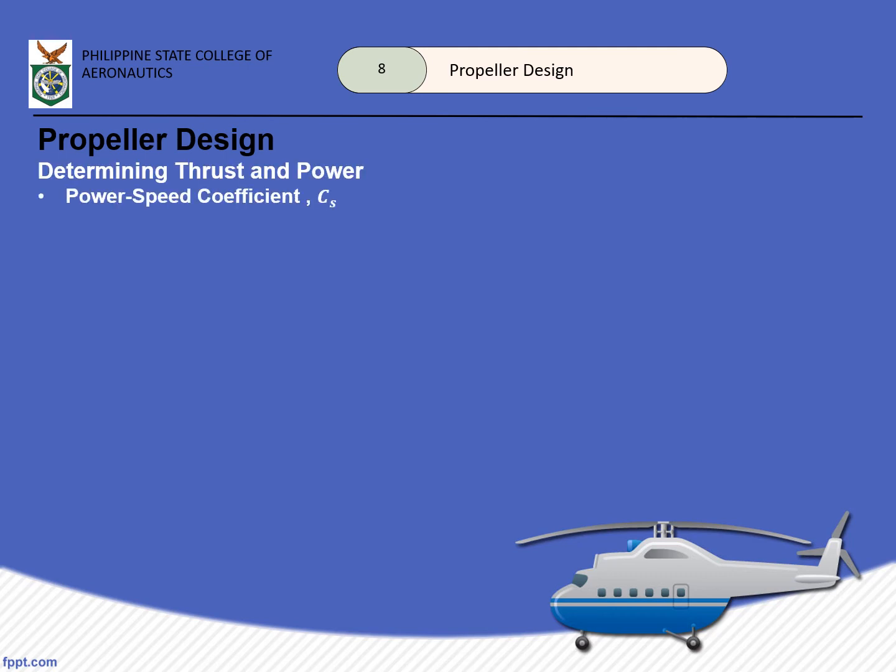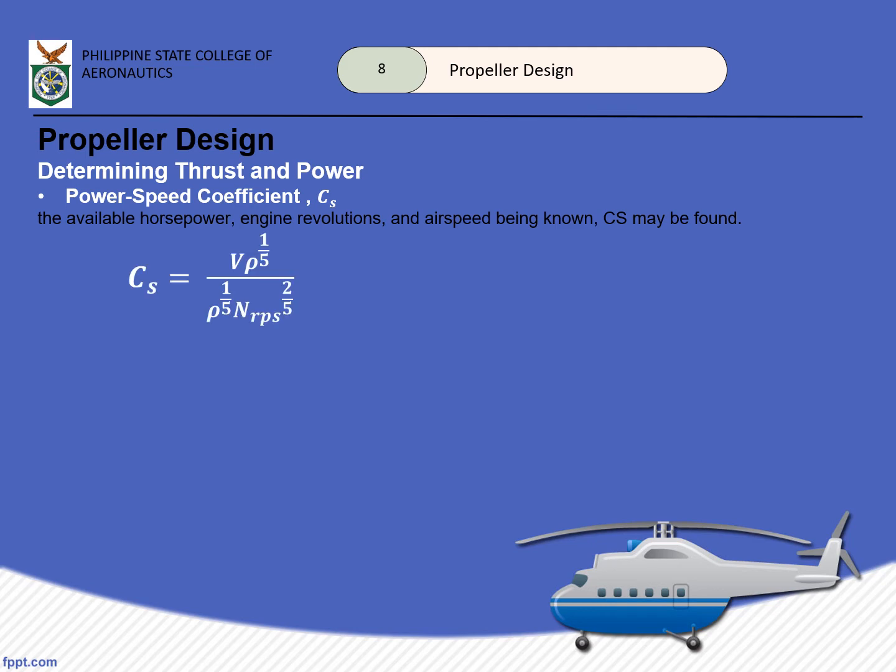Okay. So, the available horsepower, engine revolutions, and airspeed being known, the power speed coefficient, also known as CS, may be found. So, saan natin gagamitin yung CS? Ito yung formulas. Ano yung napapansin niyo dyan?